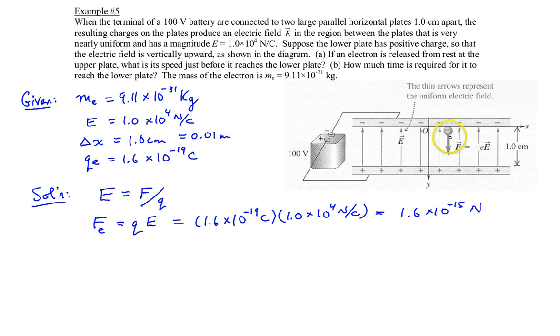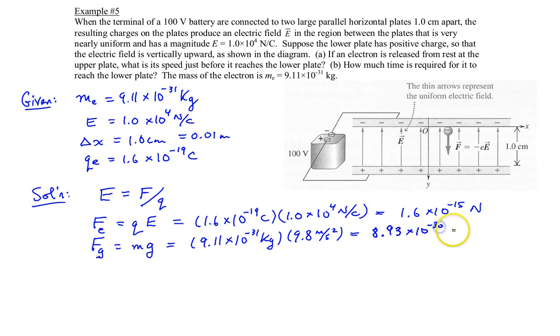And you might be thinking, well, this electron's falling vertically, so shouldn't it have gravity? So yeah, sure, we'll go ahead and calculate the force of gravity. Fg equals m times g, which is 9.11 times 10 to the power negative 31 kilograms, times g, which is 9.8 meters per second squared. And that gives us 8.93 times 10 to the power negative 30 newtons.